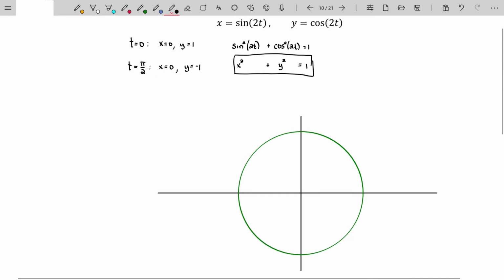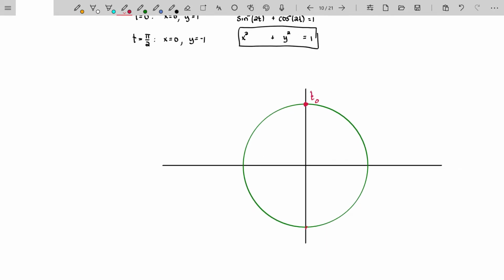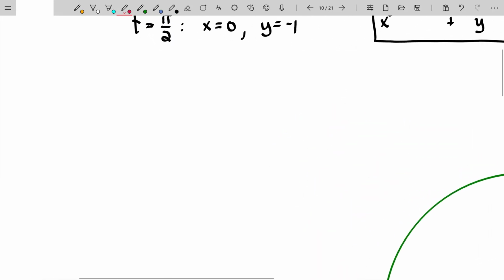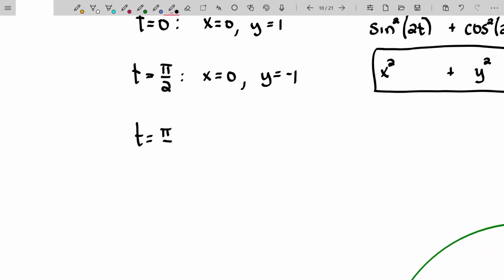Well, that didn't really give us a great path of travel because it just started here. Whoops, that's not where it started. It started here at x equals 0, y equals 1. That was time 0. And then at time pi over 2, we landed here. It didn't really give us a good path of travel. Did it go to the right or to the left? So you go ahead and just do one more in between time 0 and time pi over 2. Do time pi over 4.